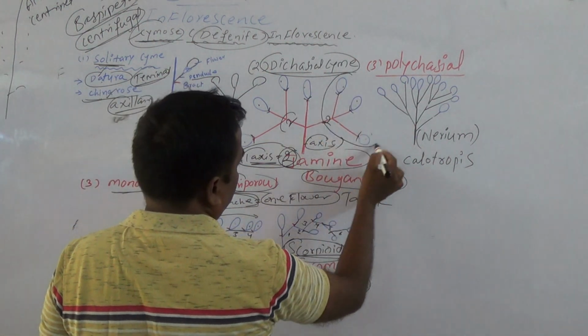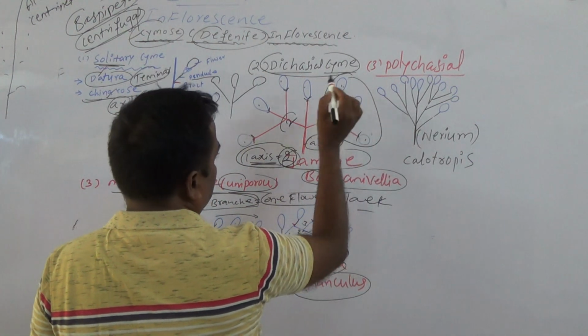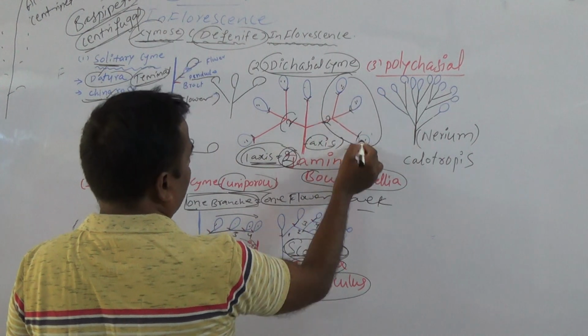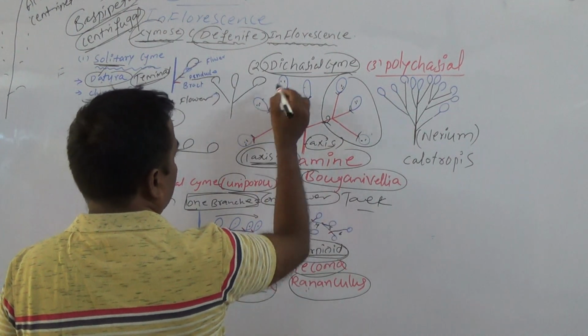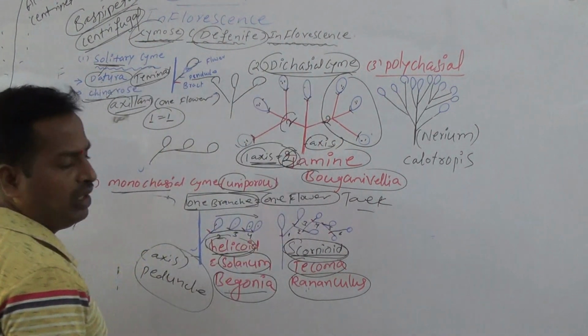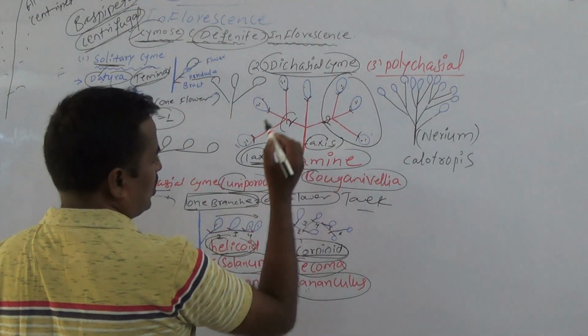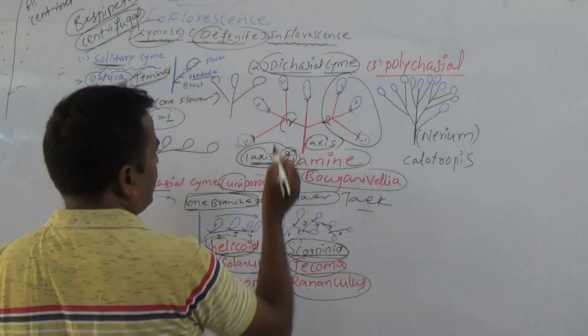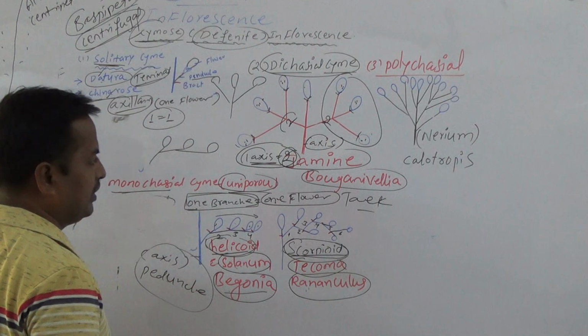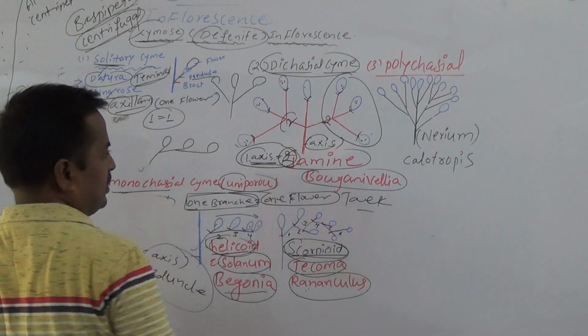So 1, 2, 3, 1, 2, 3. Now this axis is terminated with three flowers. This axis also terminated with three flowers. It is also called simple cymule. Dichasial cyme is also called simple cymule. A best example is jasmine. So one axis, two branches.